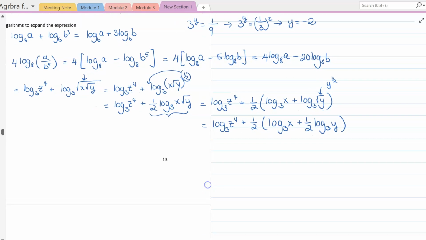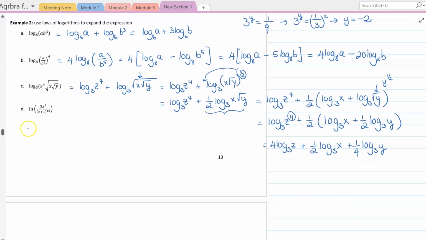So now I have no more exponent. Actually, one more over here, right? So this equals 4 log base 3 of z. Now I distribute the 1/2. So that's what the expansion looks like.